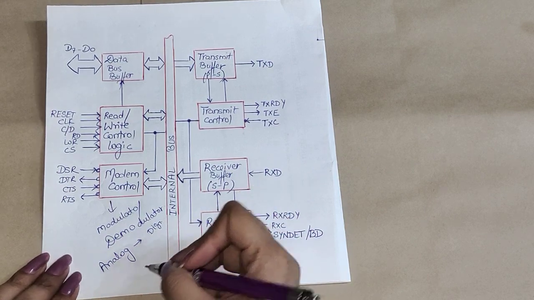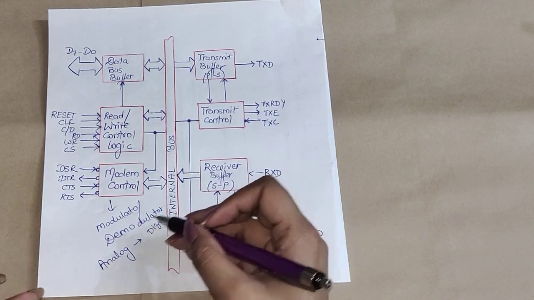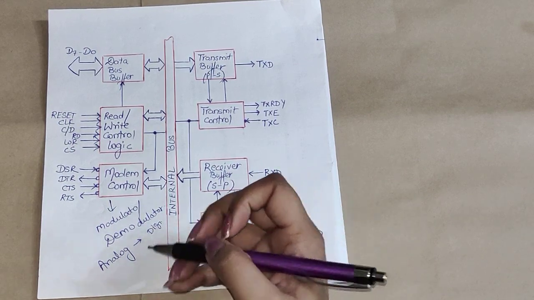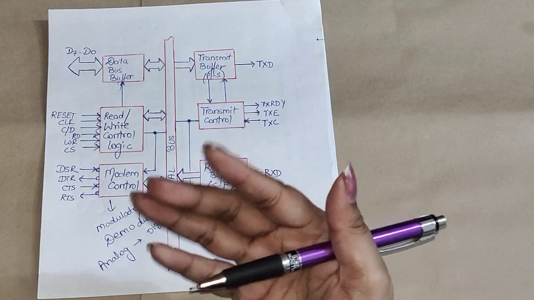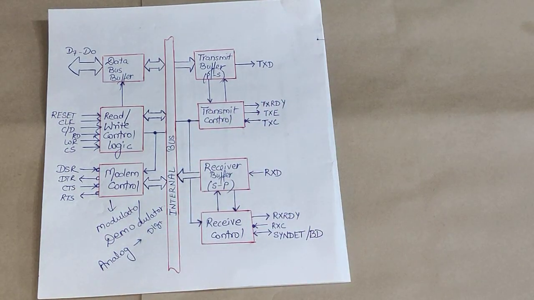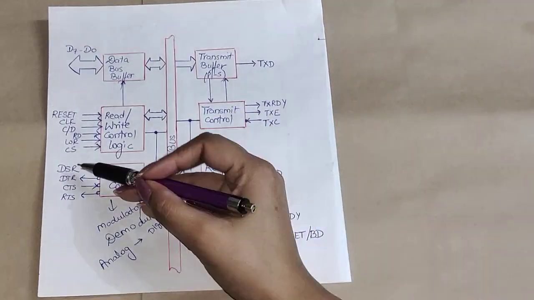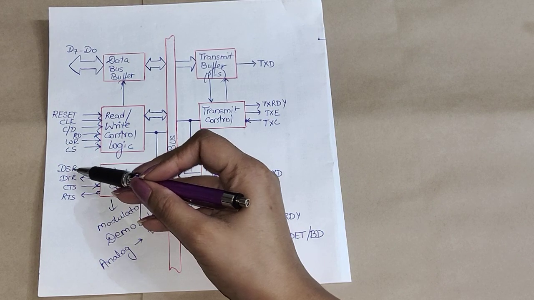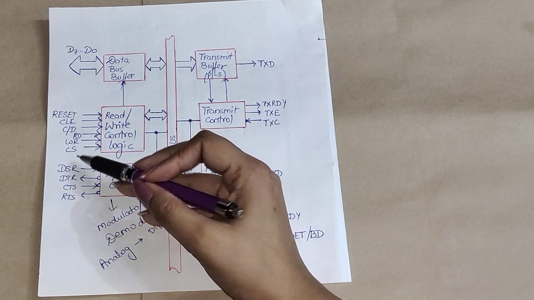Vice versa means digital to analog signals, and it enables the computer to communicate over the wires. It provides a mechanism through which the computer can communicate through wires. Now we have 4 pins here: DSR, DTR, CTS and RTS.